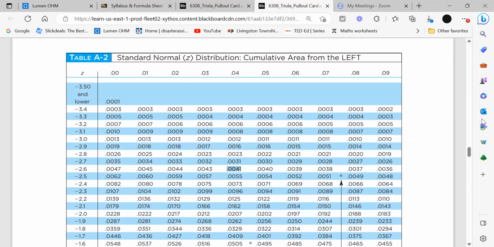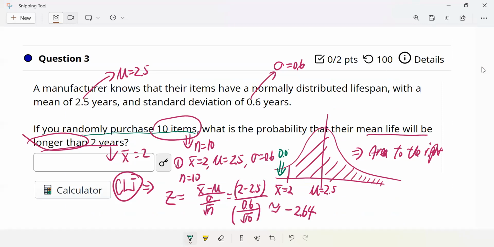So the area to the left turned out to be 0.0041. 0.0041, that's the area to the left. But we want an area to the right. So it will be 1 minus the area to the left. So this turned out to be 0.995. The answer here is 0.995.